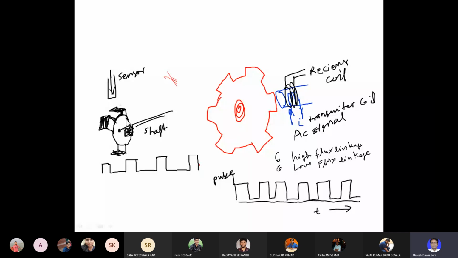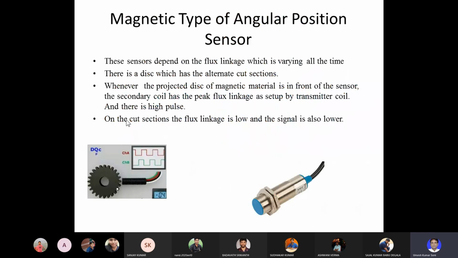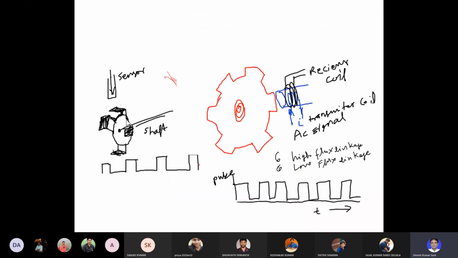Depending on that, there will be a flux linkage in the secondary coil, and you can see here that this sensor has three terminals. One terminal is ground, another terminal is positive to one of the coils, and another terminal is output from the secondary coil, while both the coils are grounded from the same terminal. So this sensor has three terminals.